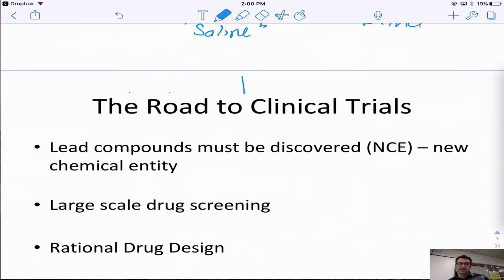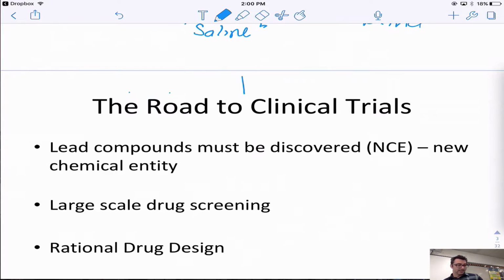Now, this is usually done by machine, and if they find a compound that seems promising, they'll take that compound out, and researchers will test it further. But this doesn't always yield great results. Sometimes you're trying thousands of compounds and none of them seem to work well.